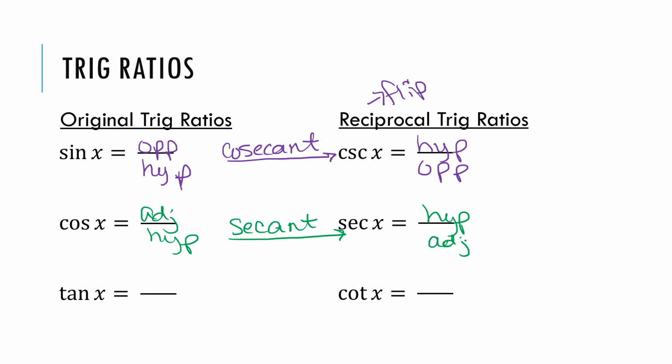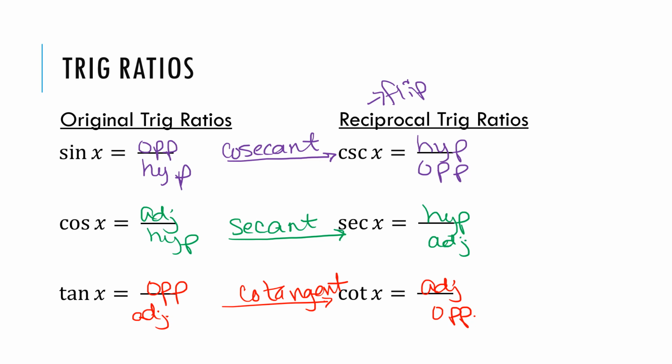And last but not least, tangent is the opposite side of the angle divided by the adjacent side. So its reciprocal is cotangent, and its ratio will be the adjacent divided by the opposite.